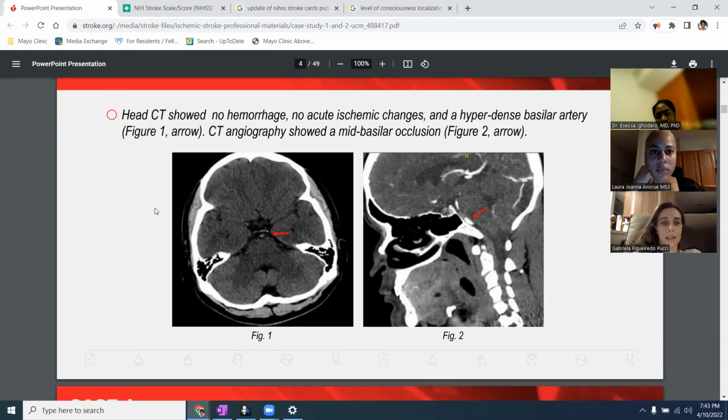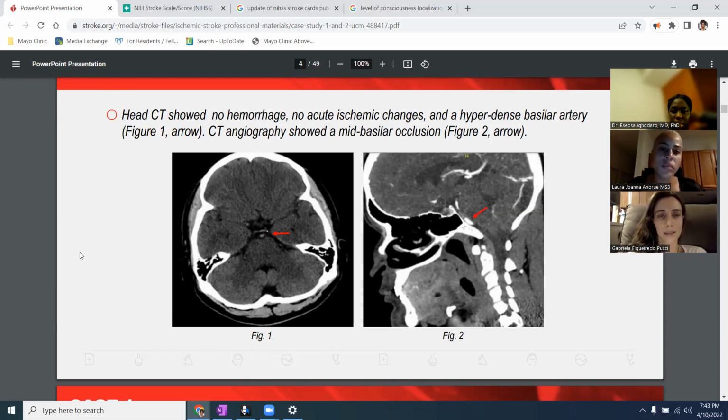Oh, so which one's more common? Like what part is more common? Yeah, I'm not sure, but I think carotid dissection is more common compared to posterior arteries dissection. But I'm just guessing. I see. Not sure. But that would be on your differential because he's so young.